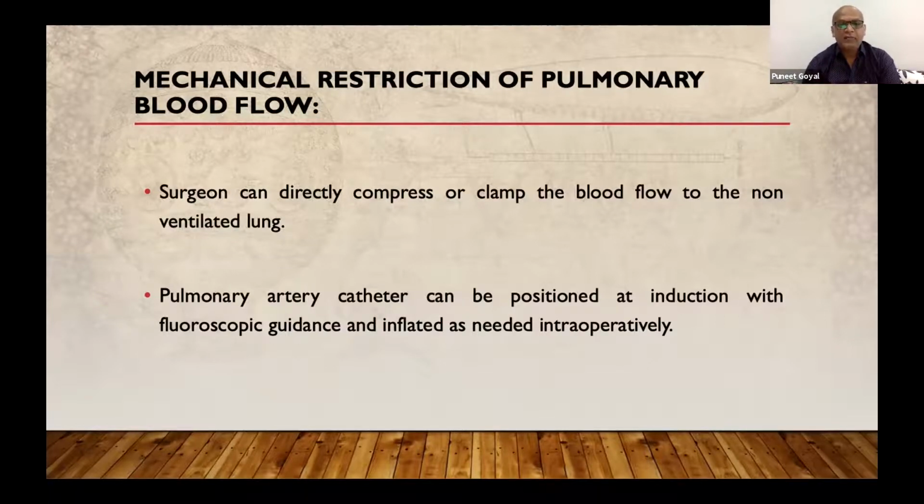And then a PA catheter, if positioned in the pulmonary artery, can have its balloon inflated to block the blood flow to the pulmonary artery, but this is rarely required. But in the textbook, the technique has been described.